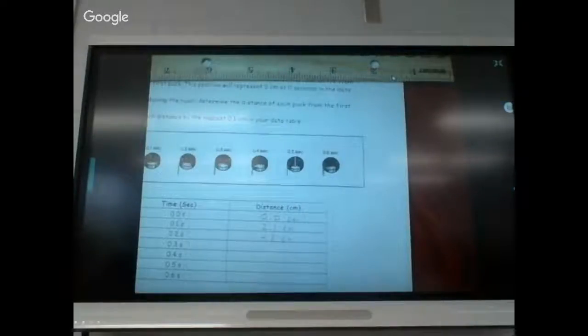When we make the graph, can we just put the numbers on the time and distance? You need to count by a certain interval.